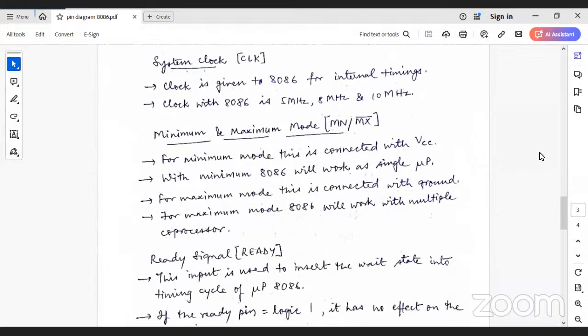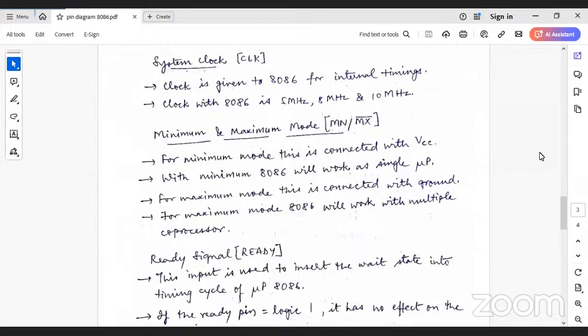Now next, coming to the minimum and maximum mode. In the pin diagram, you have pin number 33. I showed you in the pin diagram that on the extreme right side, there are a few signals, from pin number 24 to pin number 31, which have dual functions, and that dual function is based upon this minimum and maximum mode.